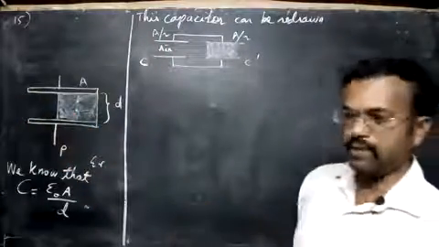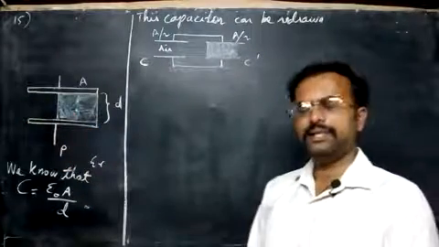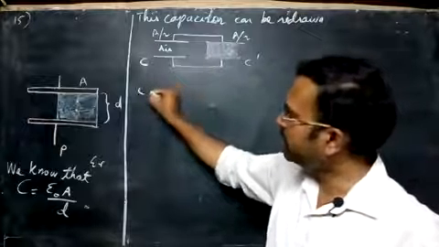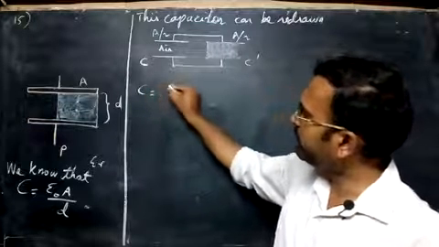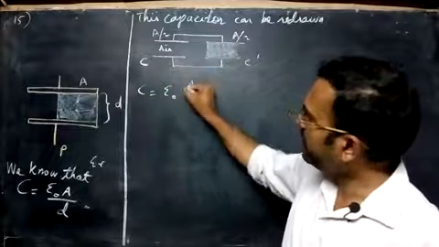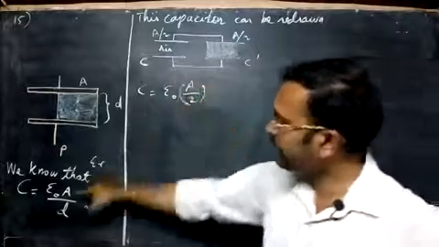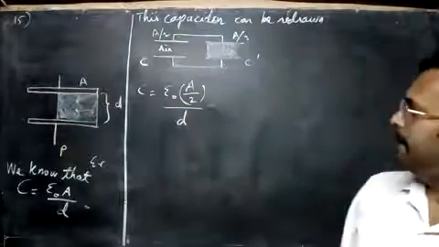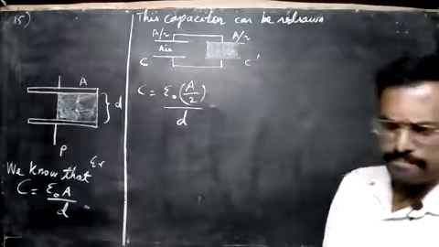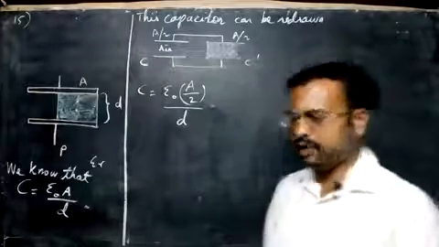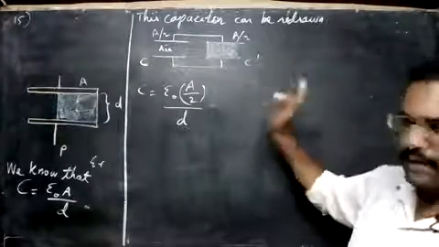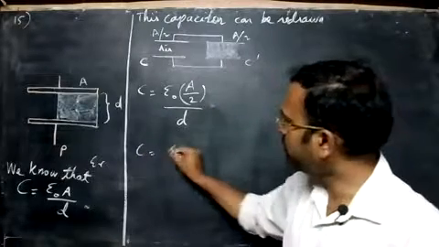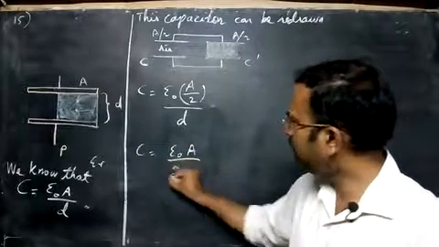So let's see the total capacitance now. The capacitance for the left one, C, will be equal to epsilon naught into A by 2, divided by the distance D. Why A by 2? Instead of A I'm writing A by 2. We bring this 2 down, so C is equal to epsilon naught A by 2D.